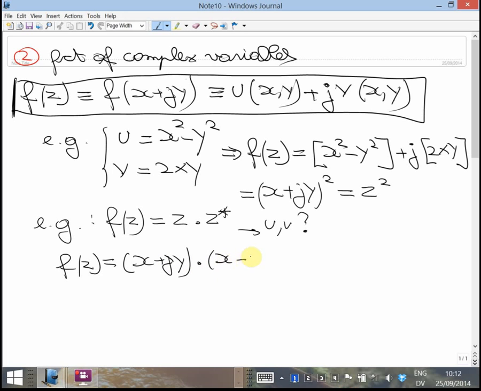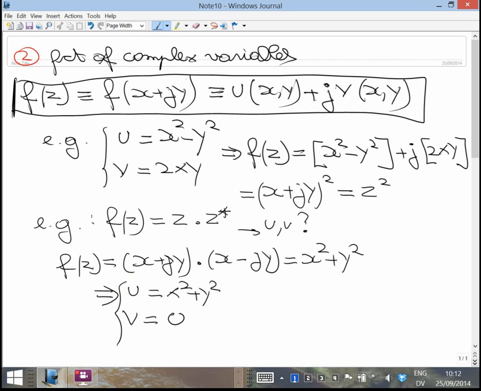The complex conjugate is x minus jy, and that gives you x squared plus y squared, which is the modulus squared of z, which is of course logical, and giving you u equal to x squared plus y squared, and v equal to 0, of course. So this is just the definition of a complex function. Nothing mysterious, all very straightforward.